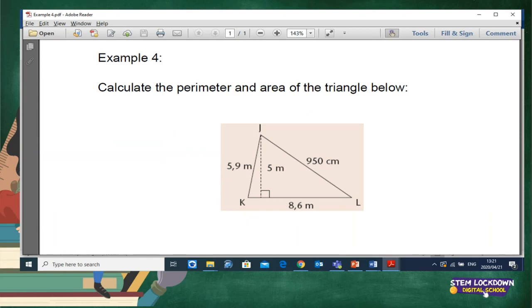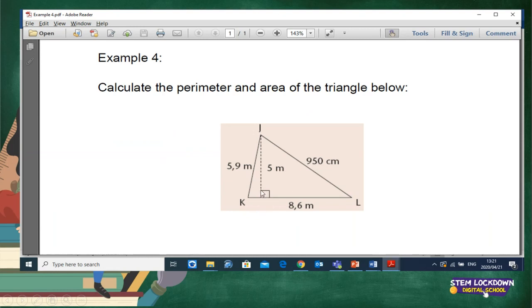We are given a triangle there, triangle JKL, and of course you can see the sides. But at the same time, you should be able to see a perpendicular line there that moves from the vertex J right up to the line KL, and it forms 90 degrees, as you can see on the board here.